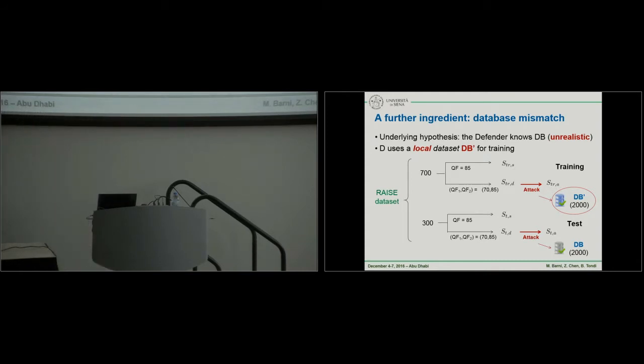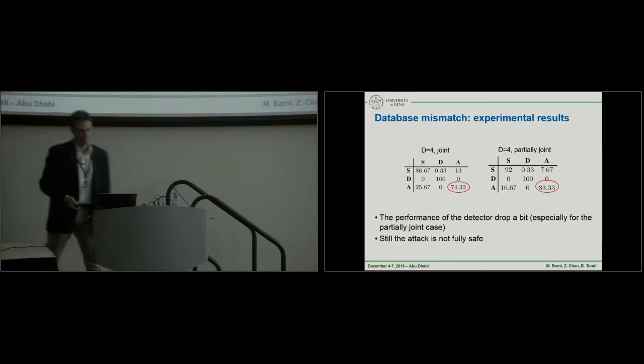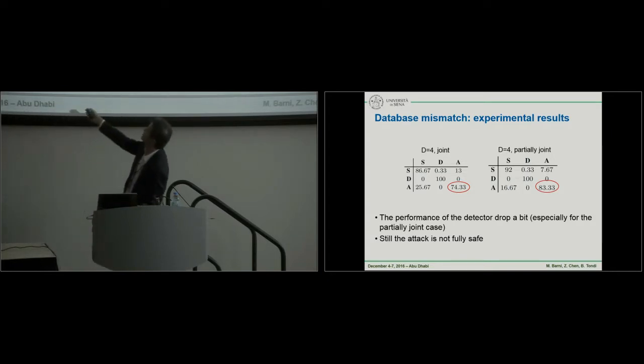So the attacker uses a data set, and the defender has a different data set to simulate what the attacker will do. So this is worse for the defender, yet the attack is only a little bit better. If we do everything, you see that the performance of the adversary-aware detector drops a little bit, but not that much.